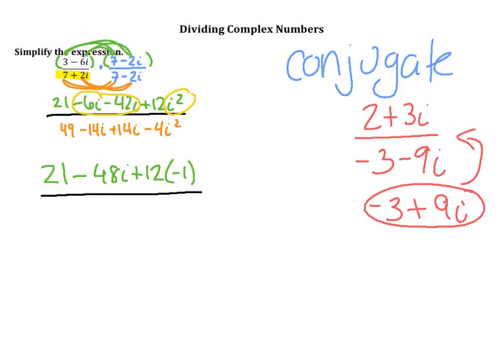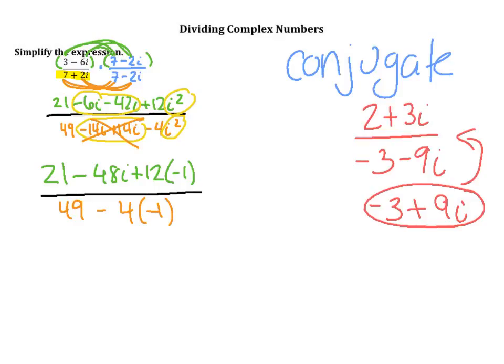On the bottom, again, I can combine like terms. So negative 14i plus 14i. And then I have another i squared. So I have 49. Now, negative 14i plus 14i cancels out. So I have minus 4 times negative 1.